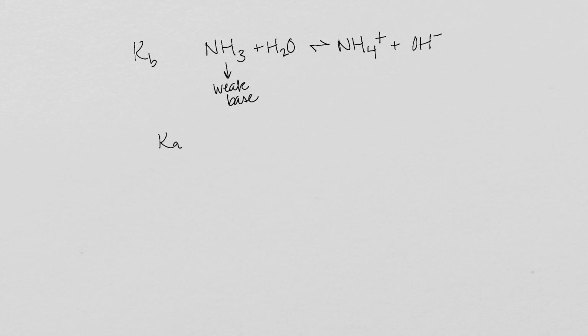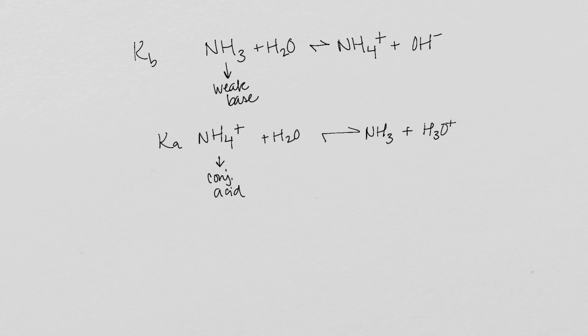However, you can have a Ka if you have the ammonium, because this here is a conjugate acid of a weak base, and that can react with water. And what that will make is ammonia and hydronium. And so just make sure that you're always paying attention to which equilibrium expression you've written out.